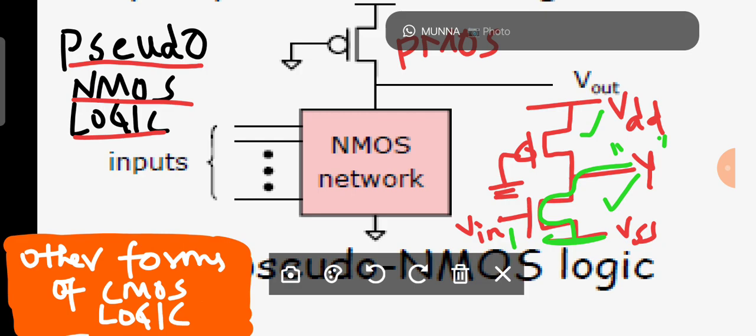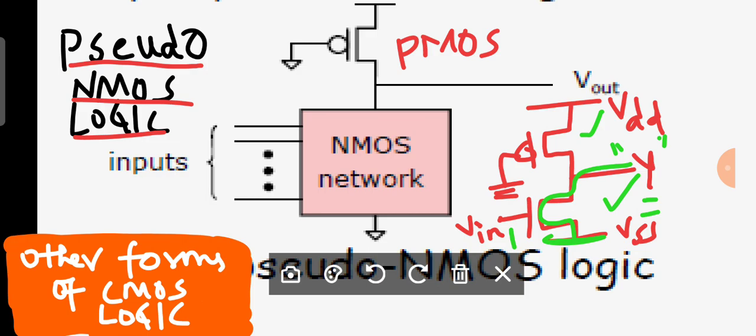Is it clear, all of you? Ideally the output is 0, that means VSS, but don't forget the PMOS is in on condition. Therefore some voltage is going to appear at Y, so the output never reaches 0. Is it clear? The same problem, that means a non-zero output.